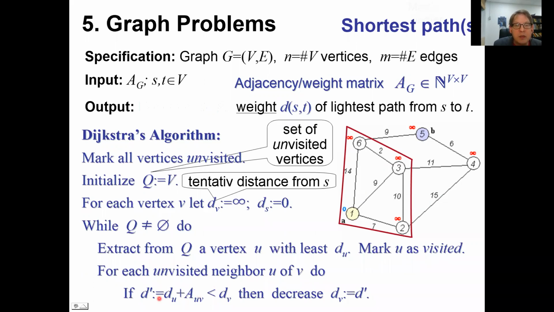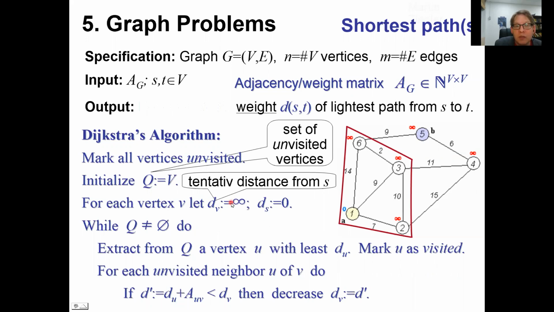So we look at these neighbors, and if the distance from S to U plus the distance from U to the neighbor V is less than the best path we've found so far to V, then we use that improved path.